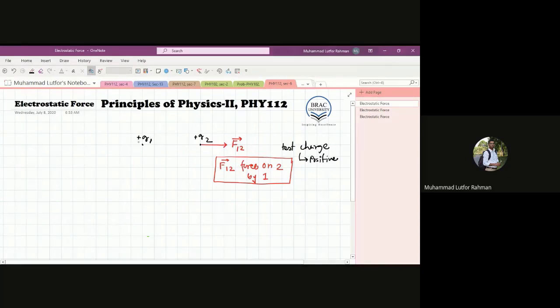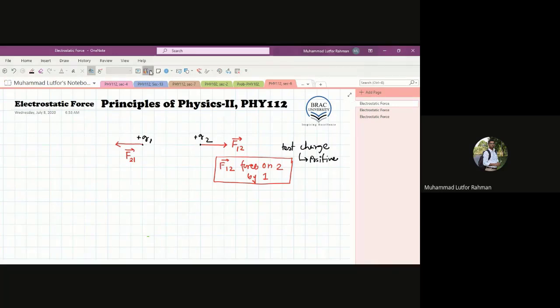Fine. What about this Q2? It also gives the same amount of force, whether the two charges are equal or different, because the force is the product of these two quantities. This is the force on 1 provided by 2, right?